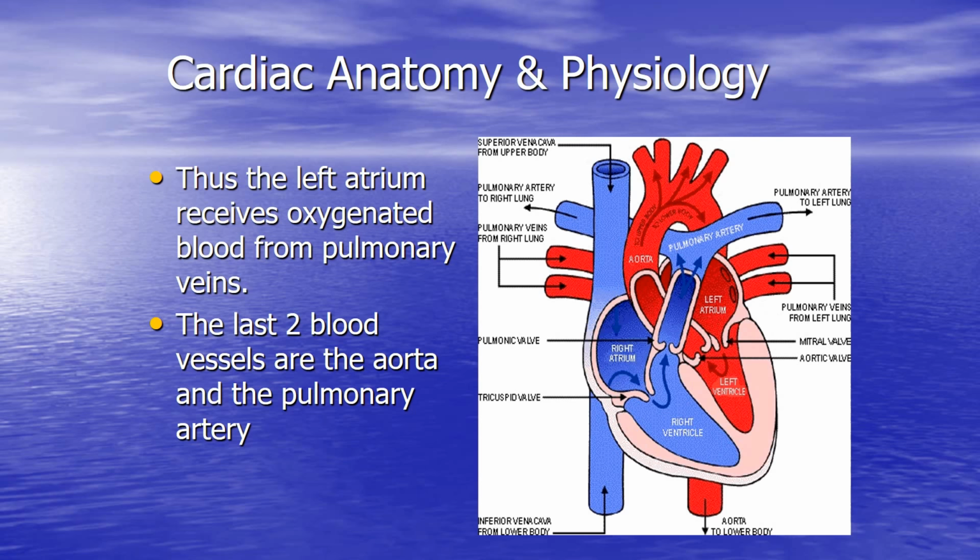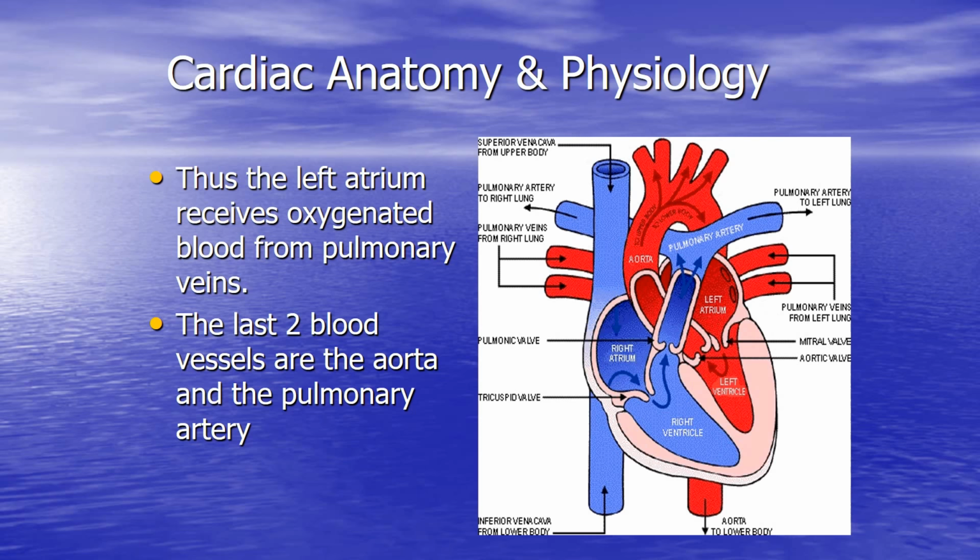That's the right side of the heart. On the left side of the heart, we have 4 pulmonary veins from the lungs, 2 from the left side, 2 from the right side. So if we remember that the heart has 8 blood vessels attached to it, we've already covered 6 of the blood vessels. So therefore our task isn't as daunting.